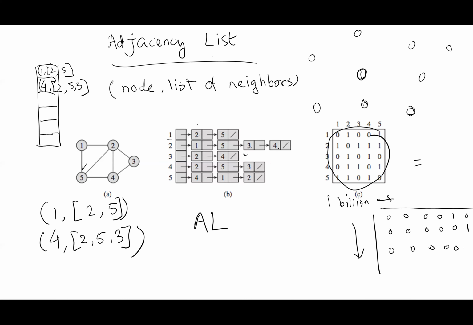Now there are some benefits of the adjacency matrix as well. This is for you, just note it down. This is your homework. Try to Google what the advantage of an adjacency list over an adjacency matrix is, and vice versa, because both of them have some pros and cons.